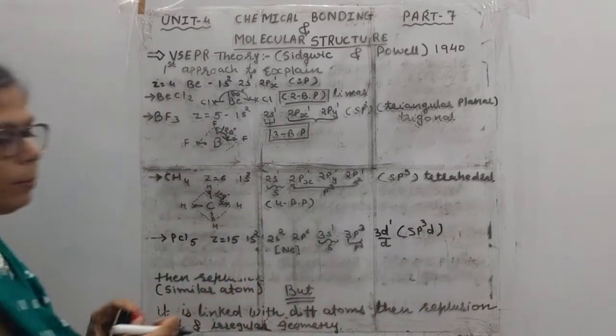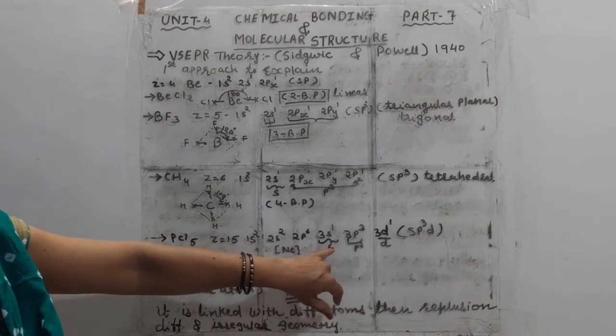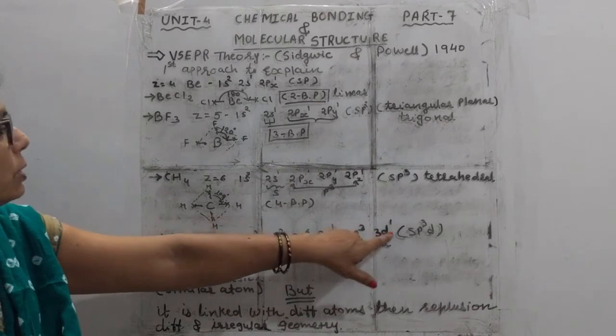The hybridization is sp3d. How many orbitals took part, students? 1 s, 3 p and 1 d. So 3 plus 1 is 4, 4 plus 1 is 5.